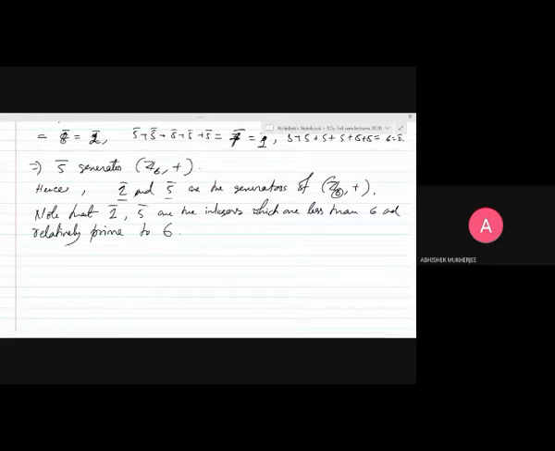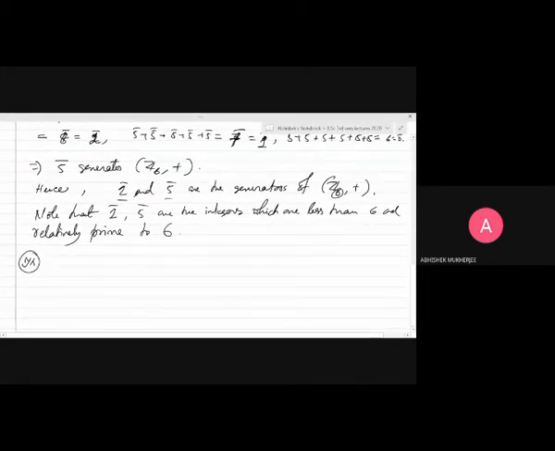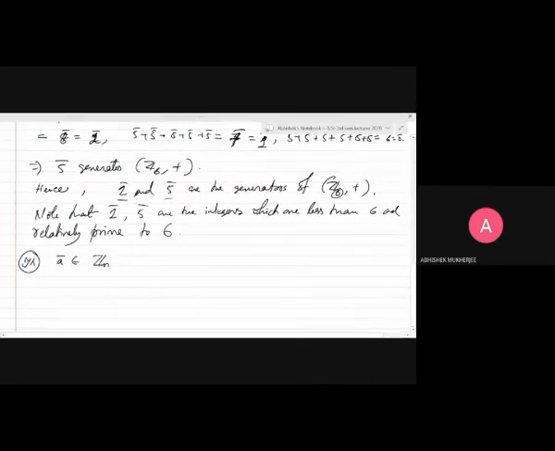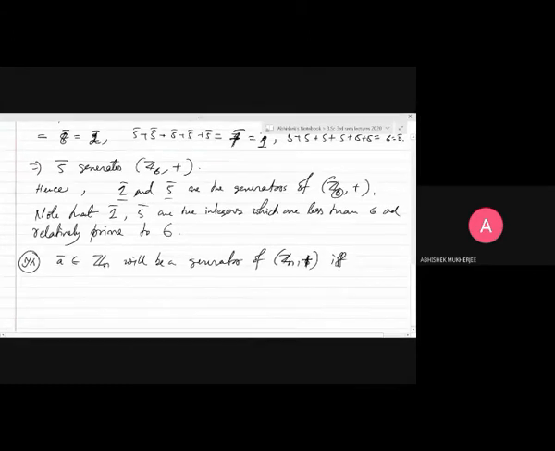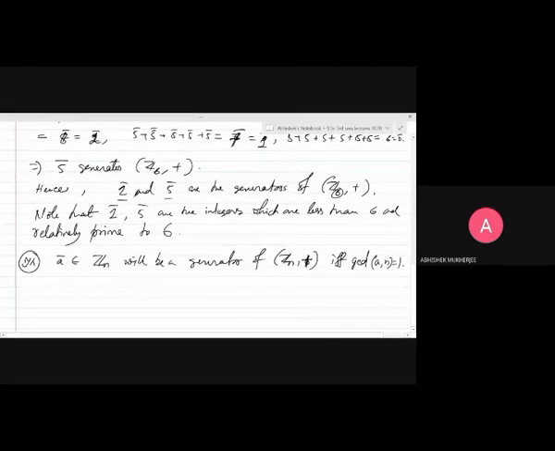So our intuition says, can you make it a statement that a class belongs to Zn will be a generator of Zn plus if and only if GCD of a comma n is 1, right?